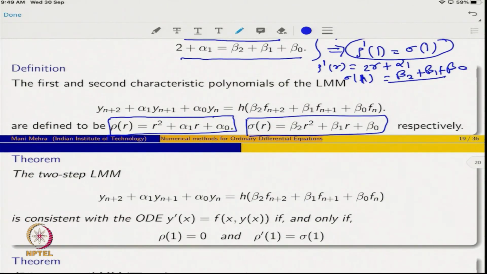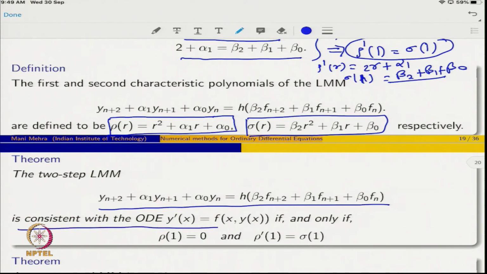So, basically what we have already said, we are writing in the form of a theorem. The two-step linear multi-step method which is given by this is consistent with the ODE which we are going to solve with the help of this linear multi-step method. Two-step because the terms are n plus 1, n plus 2. It is consistent if and only if the following conditions are satisfied.